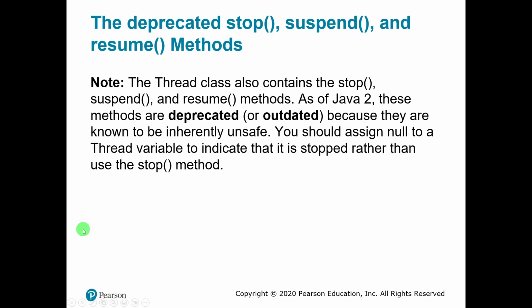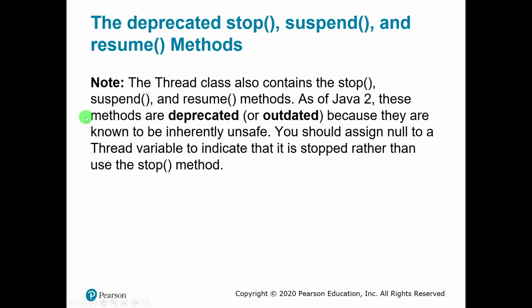Now, there are some old methods that you may see in legacy code, the deprecated stop, suspend, and resume methods. The Thread class contains those methods, but after Java 2 you're going to have to be working on some pretty old code to see them, but they're in there. They're deprecated. That means they're outdated.